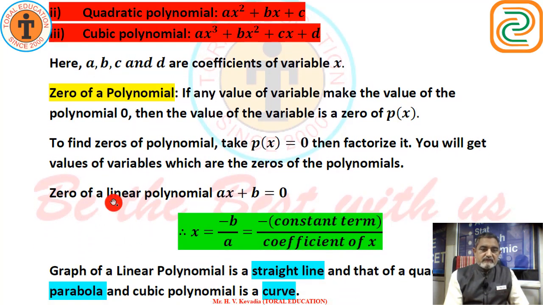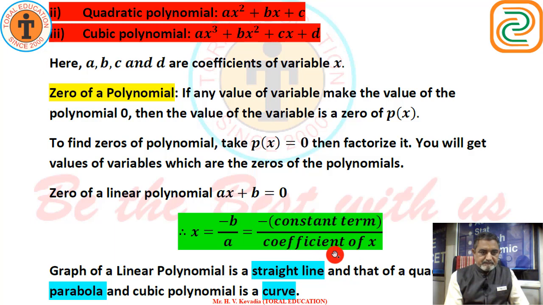Okay, zero of a linear polynomial, that is ax plus b equals 0. We have taken ax plus b equals 0. Therefore x equals minus b upon a, where b is the constant term, so minus the constant term upon a, the coefficient of x.